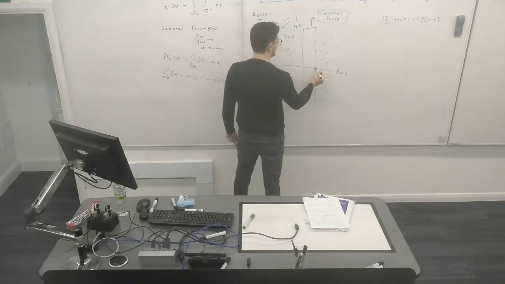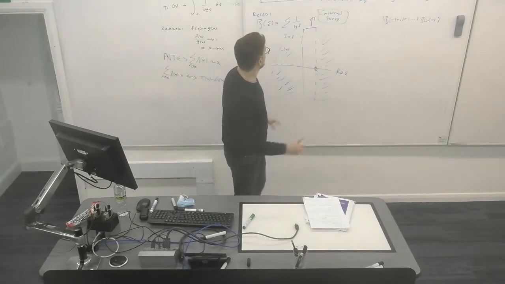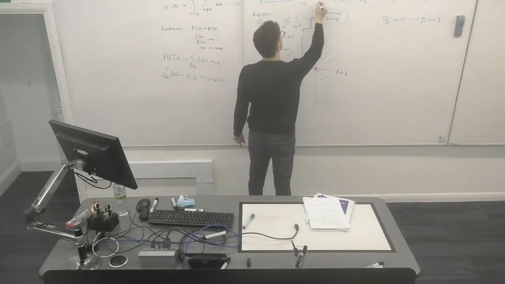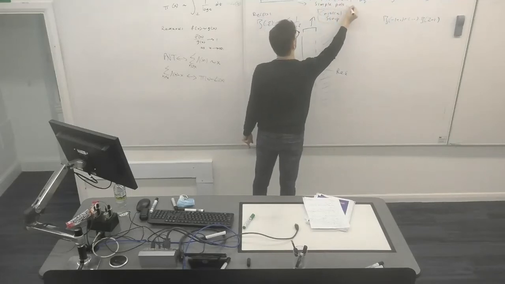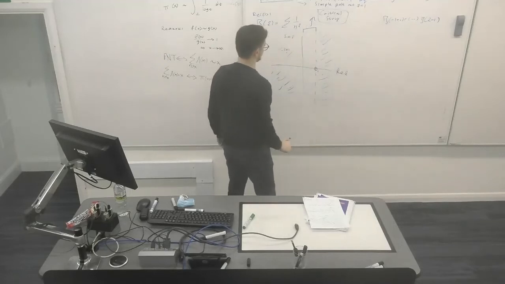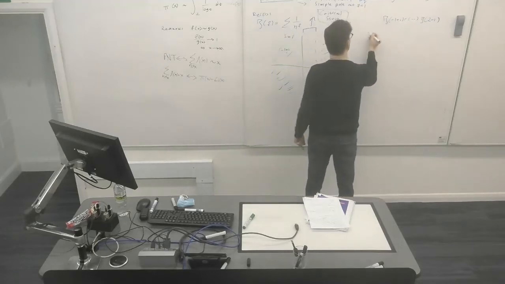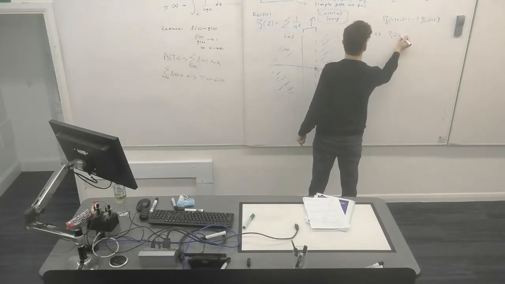There is only one pole here at one. So there is a simple pole here. But what about the zeros? So what about sigma such that z of sigma is 0?